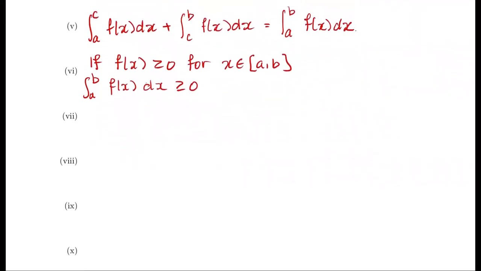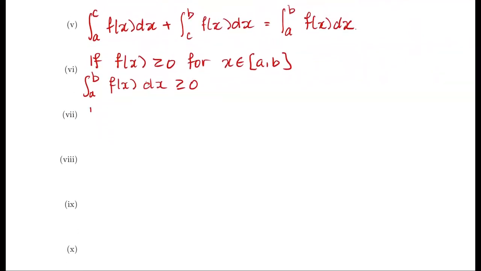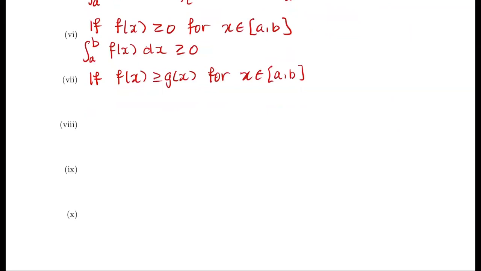And the seventh property here, if f of x is greater or equal to g of x for all x in [a, b], then the area of f of x will be greater than the area of g of x. So the area from a to b of f of x dx will be greater or equal to the area between a and b of g of x dx.